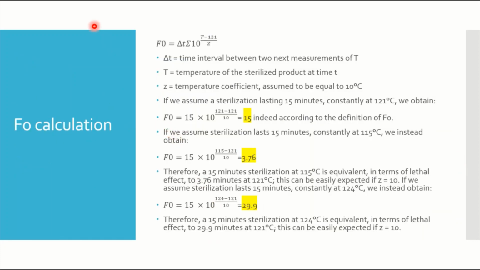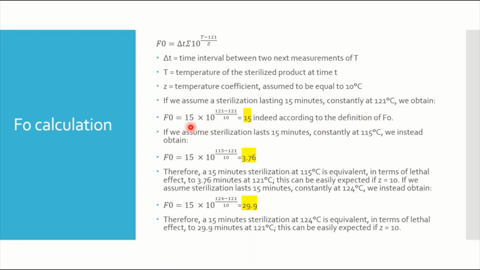Here I have provided a couple of examples to understand the F0 calculations, where I presented all the details about delta T, T and Z. Assume we are considering 15 minutes of sterilization hold time and our set temperature is 121 degrees.